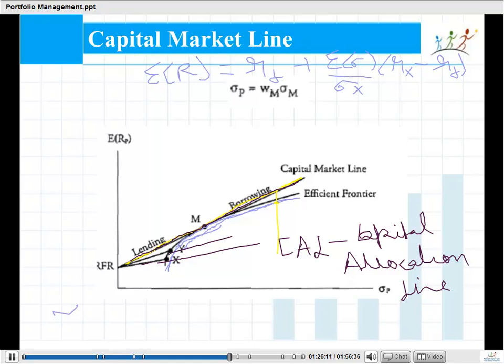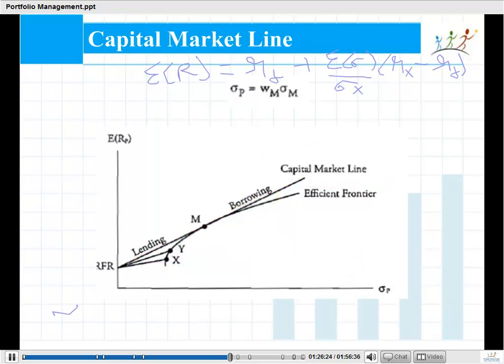It is called the capital market line. So the capital market line is a special capital allocation line that passes through the tangency portfolio. You understand that this line passing through the tangency portfolio is giving me the best combination of risk and return.